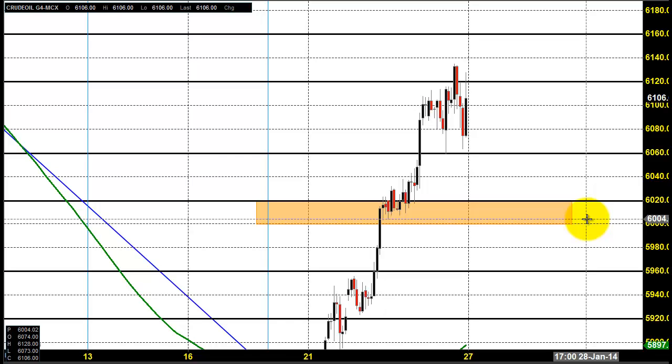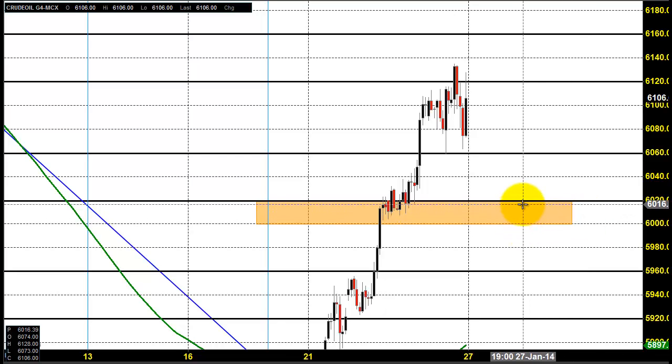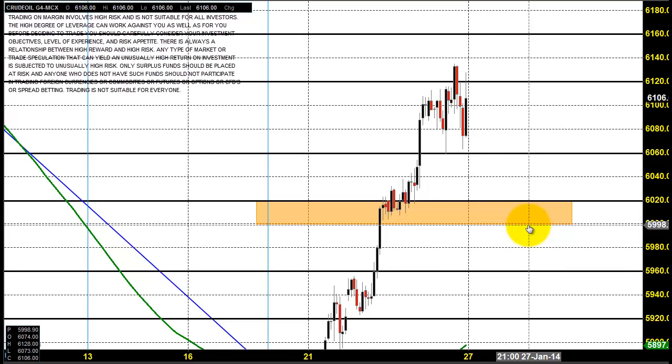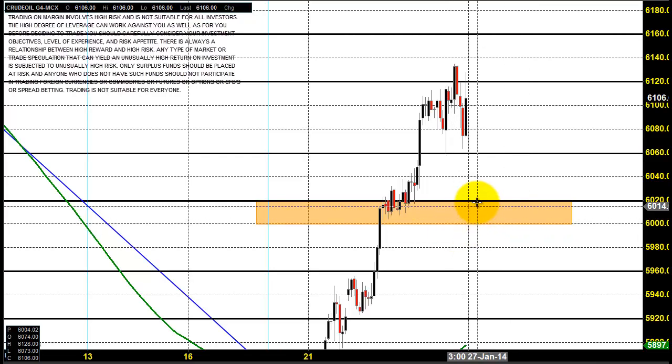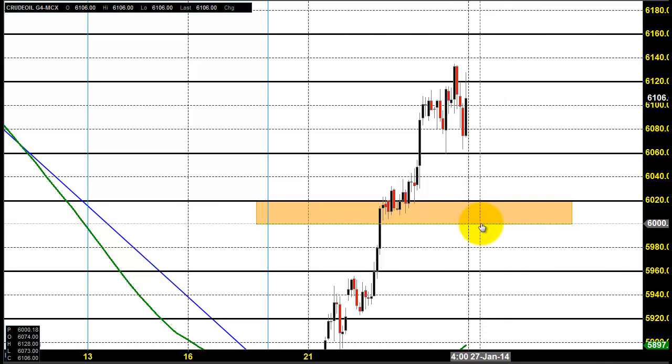Our strategy for today, and for this week also, is going to be very simple. Till 6000 and 6020 we can go for buying, because as I told you earlier, our prime focus is whether the price can sustain the psychological zone of 6000 and 6020, so that we can clearly identify the coming trend.